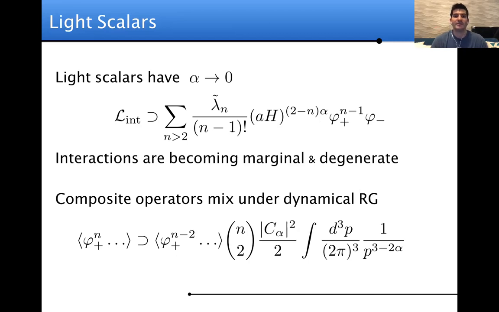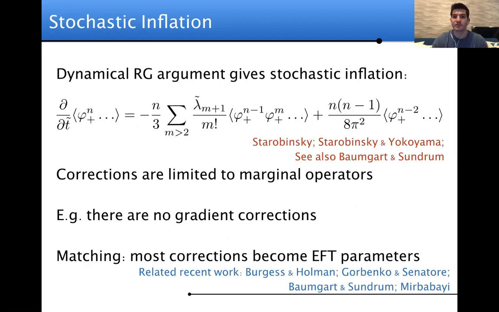This is already easy to see just within the Gaussian theory, where you take a composite operator phi to the n, and you contract any two legs, you'll find something that increasingly looks like a divergent loop integral, d3p over p cubed to the minus 2 alpha. And as alpha goes to 0, that looks like our usual log divergence.